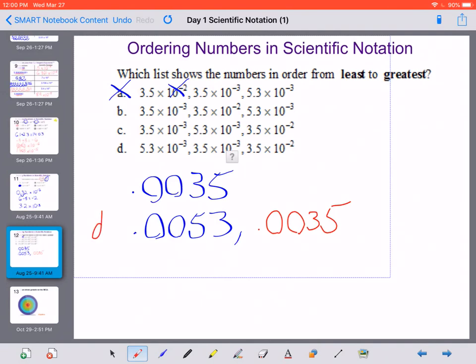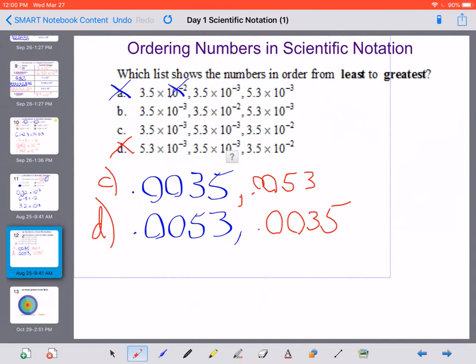Now I know that number is less than 0.0053, so I know that it can't be D because it has to go from least to greatest. C goes 5.3, so it's 0.0053. That's C. So it could still be C.